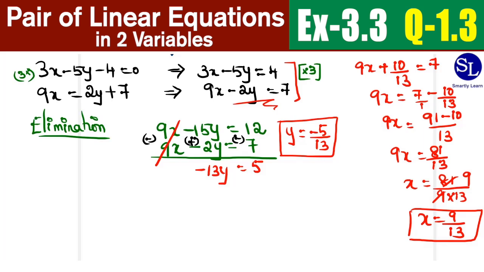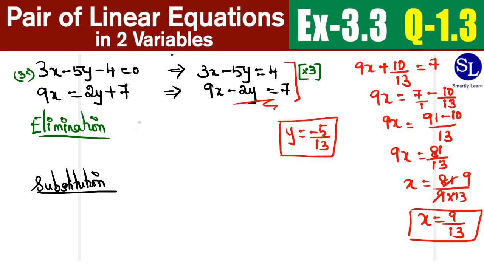Now let us do the same process with the method of substitution, because we are supposed to do both the methods. So now let's do the same process with substitution, and we are going to get these two answers back. So let's see how to do that.